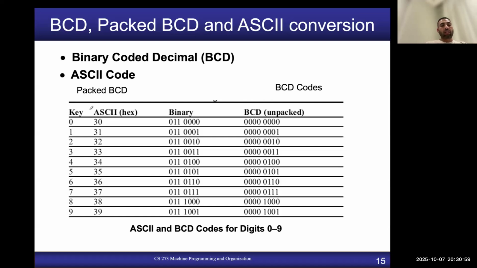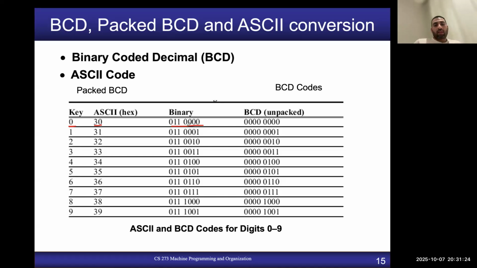Whenever you press, say, the key 0 on your keyboard, an ASCII code of 30 will be generated, right? When you convert this 30 into binary form, you will get the pattern 011 and then four zeros. Remember that ASCII is a 7-bit pattern, so that's why here we have 7 bits, not 8 bits, right?